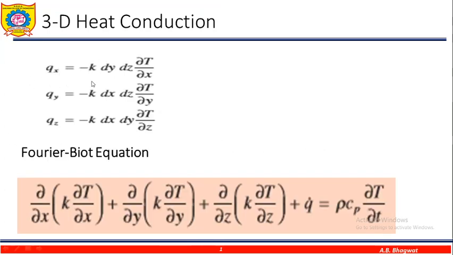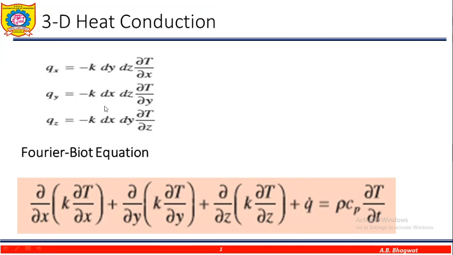Qx is nothing but what? Rate of heat transfer in x direction is equal to K into area of cross section. In the start of this lecture we have seen it is dy into dz. So Qx is minus K A del T by del x, the rate of change of temperature in x direction. This is Qx.